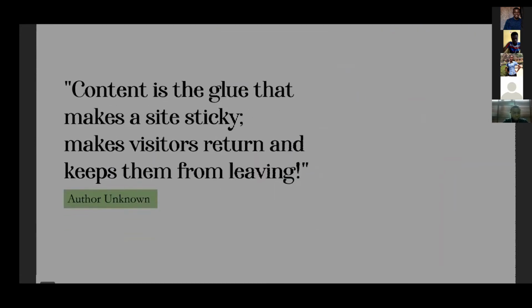All right, now I have this quote which says, content is the glue that makes a site sticky. It makes visitors return and keeps them from leaving. The funny thing about this is, imagine what a glue does. Now imagine your content as a glue, and your platform which you are using to communicate.